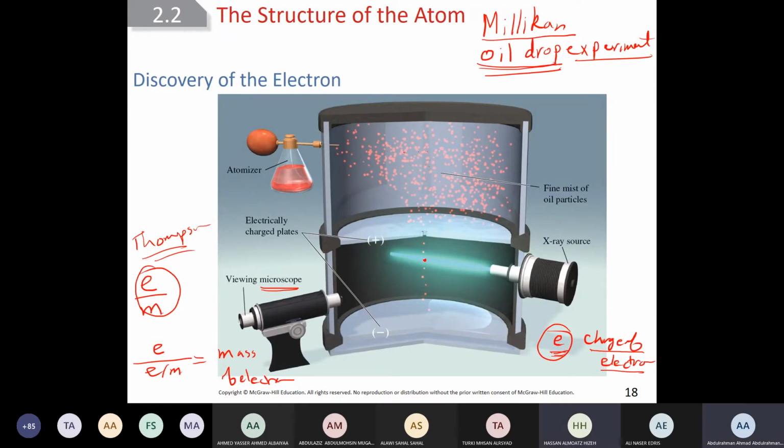But actually, if you want exactly the mass, then it is Millikan. Even the exact charge was discovered by Millikan. But what did Thomson discover? The ratio between charge and mass.